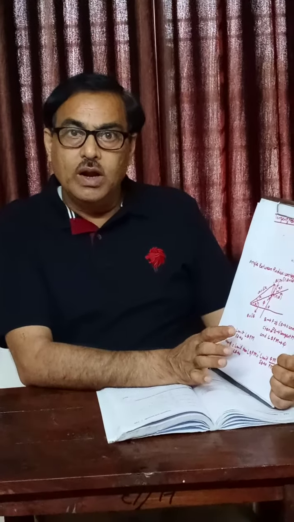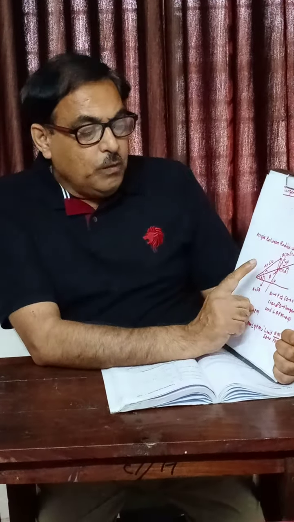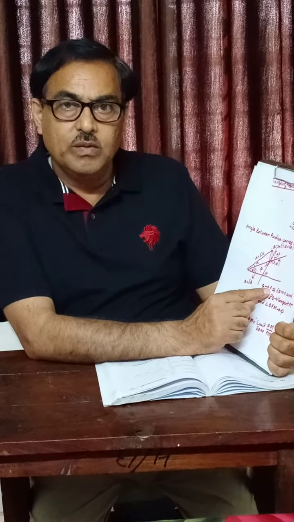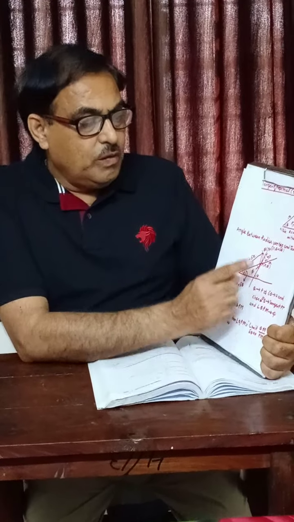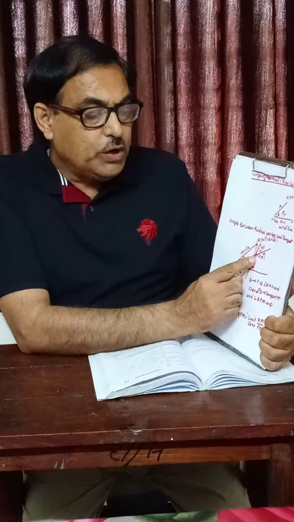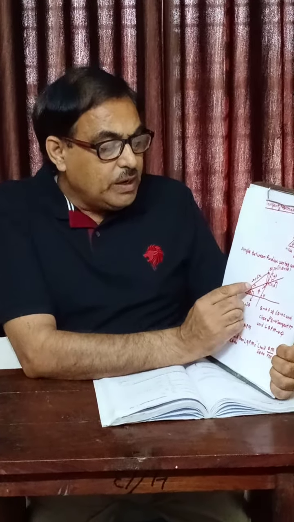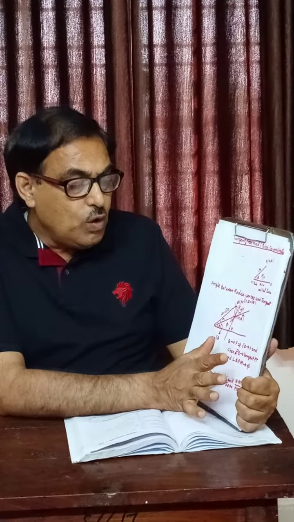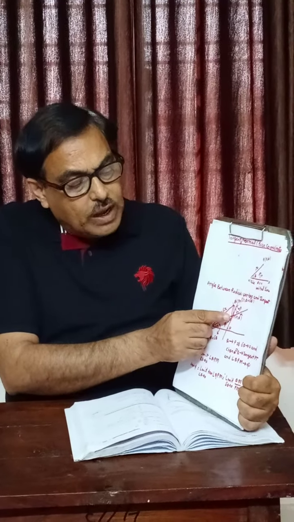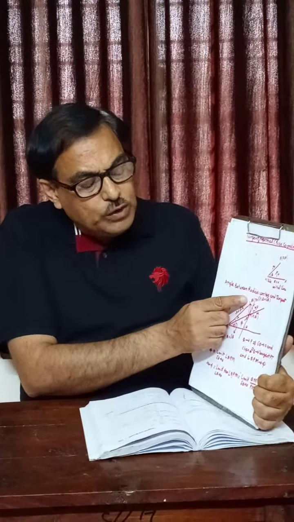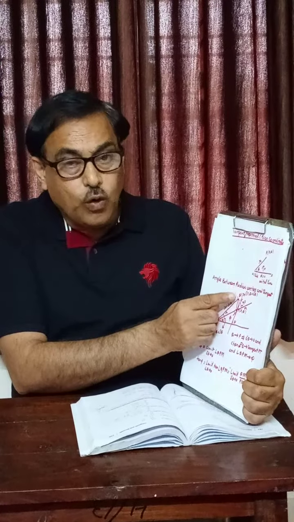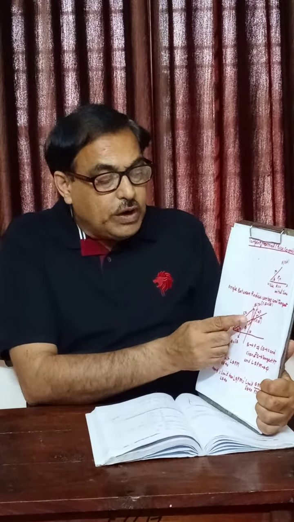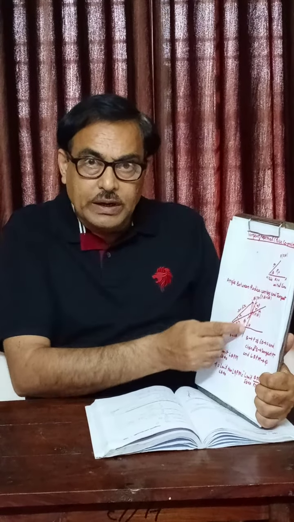Now clearly, when the point Q tends to P, meaning delta theta is decreasing, so delta theta is tending to 0, and the chord, the line joining the points P and Q, chord PQ, tends to the tangent PT.